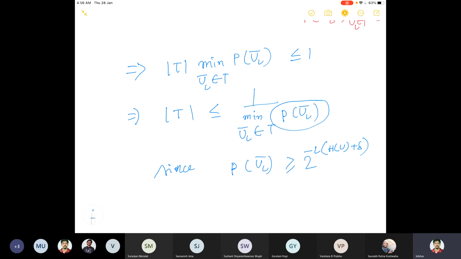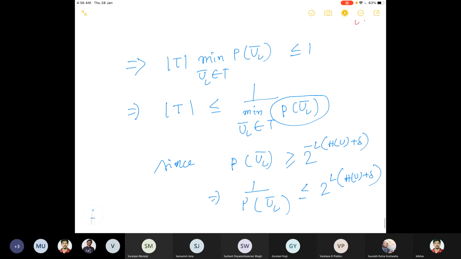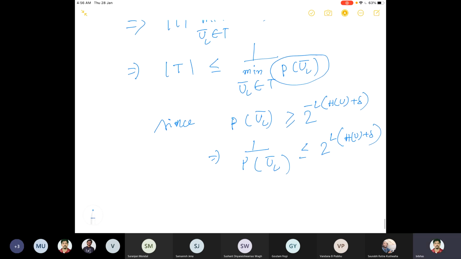So this is bigger or equal to this. So 1 by P of U^L bar is less or equal to 2 to the power L (H(U) plus delta). So this is the case.